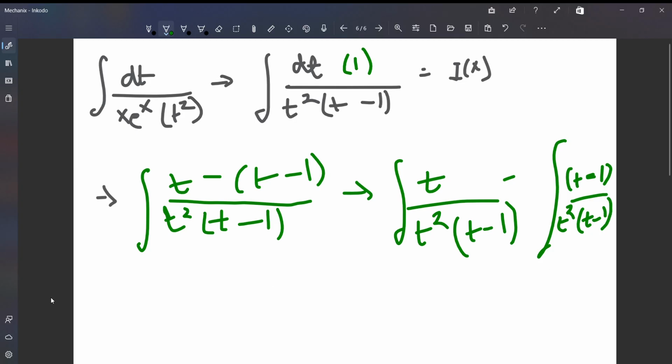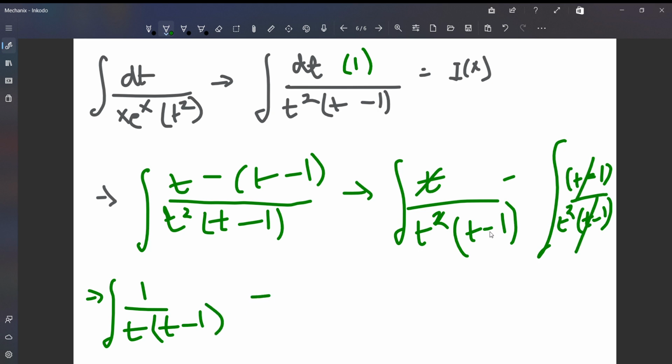Okay, so our integral will now be, t gets cancelled out, so it's integral 1 by t into t minus 1, minus, t minus 1 gets cancelled out, so minus integral t to the power minus 2.